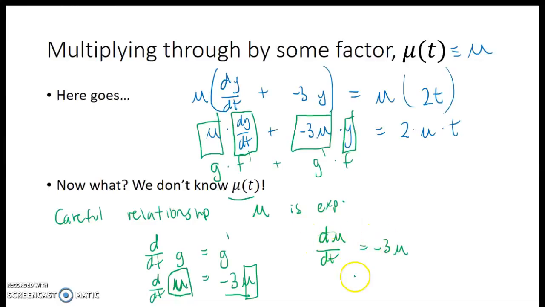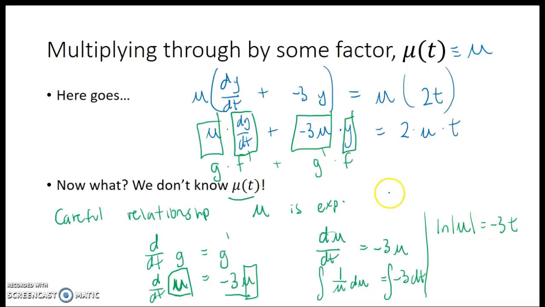So I can solve this by separation, and I will do that. So I get 1 over mu d mu equals negative 3 dt. And if I integrate both sides, I'm left with natural log of mu must equal negative 3t.